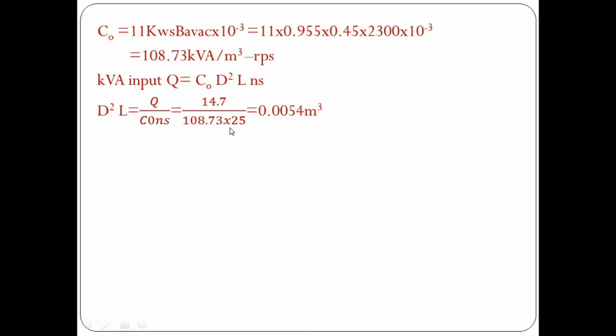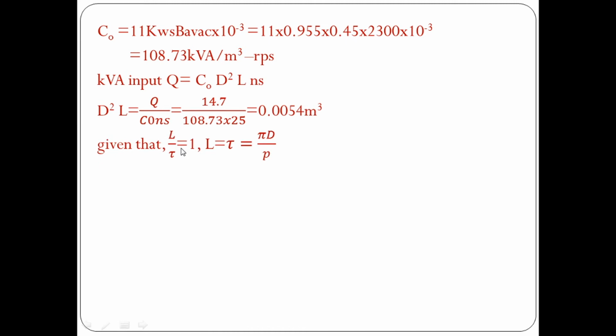The Q value is already calculated in kVA, 14.7, so there is no need to multiply by 10 to the power 3. So 14.7 divided by C naught, 108.73, into Ns, 25 rps, gives a D square L value of 0.0054.